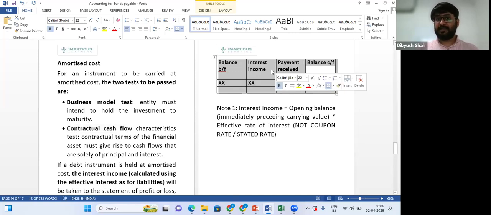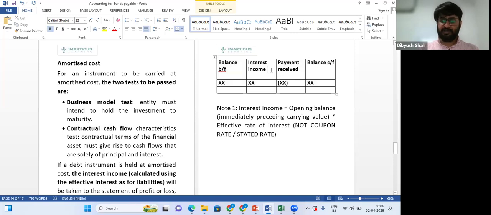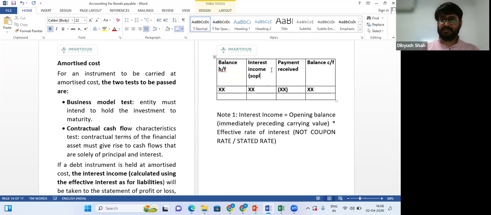Remember, this is your SOPL item, the statement of profit and loss account, and it goes there each year. Payment received reduces the carrying value of the asset, and then the balance carried forward. So see, opening balance, plus interest income, which increases the balance of the asset, minus payment received, which decreases it, gives the closing balance.